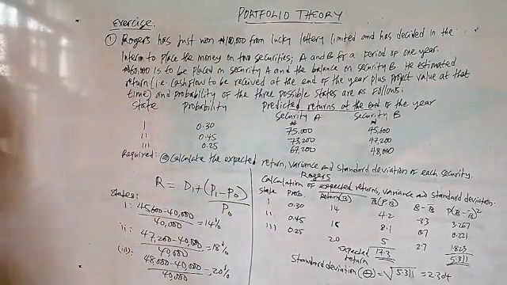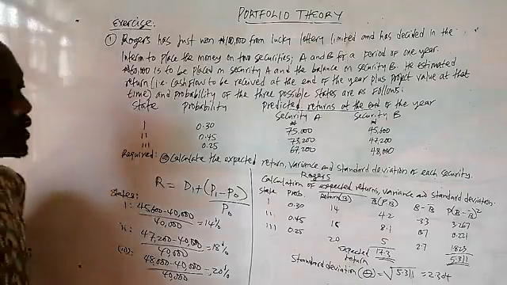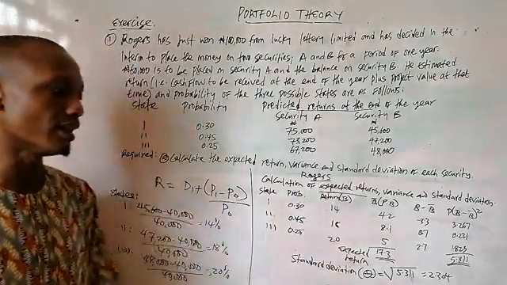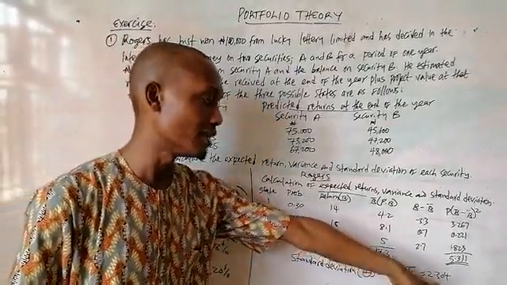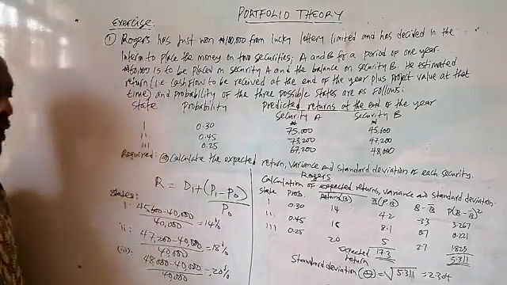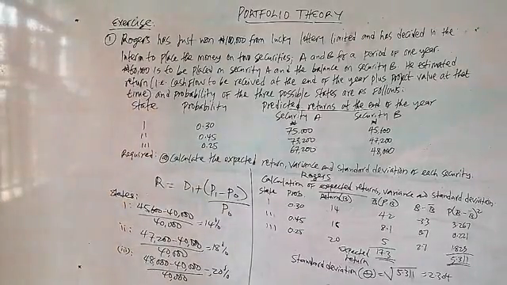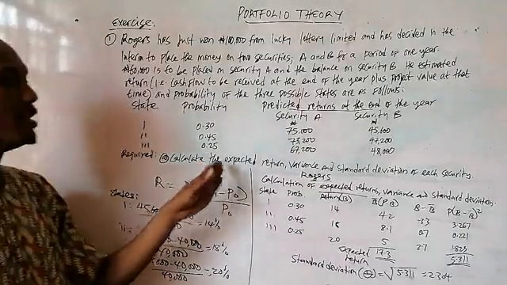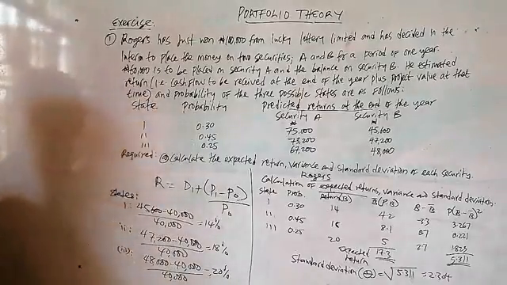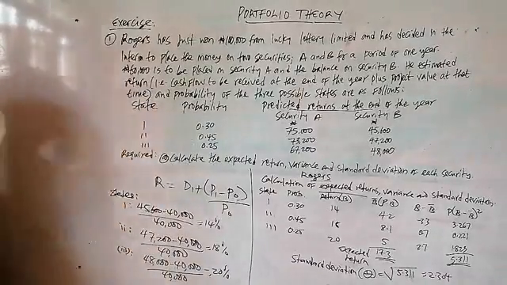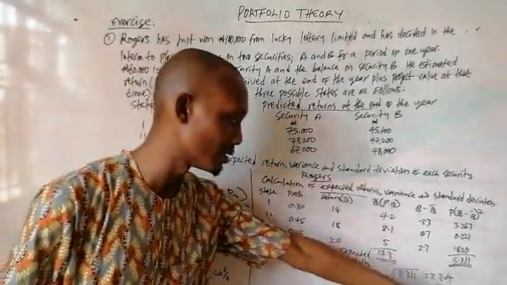If you compare this to investment A, there we have 20.5 or thereabout and 5.001 for the standard deviation. If you want to choose between these two investments, you consider the return and the risk.